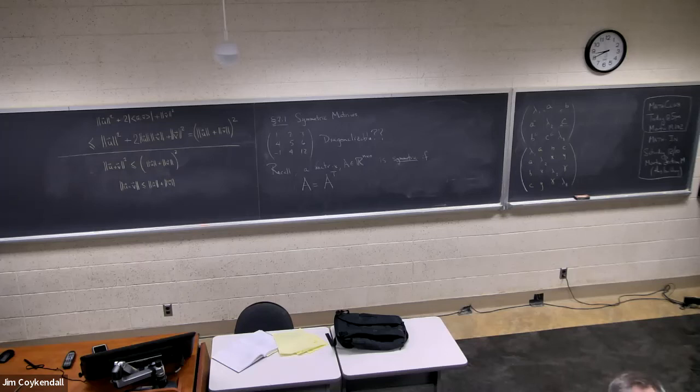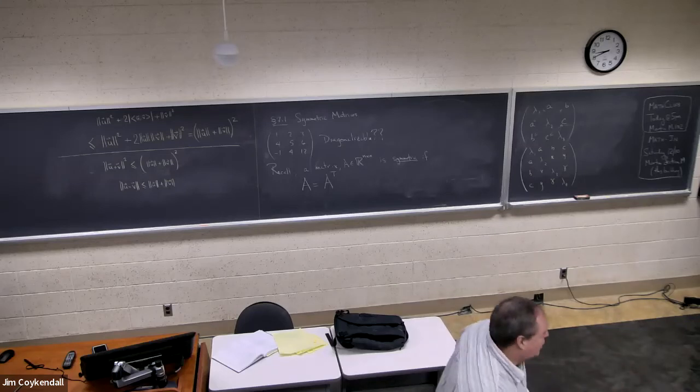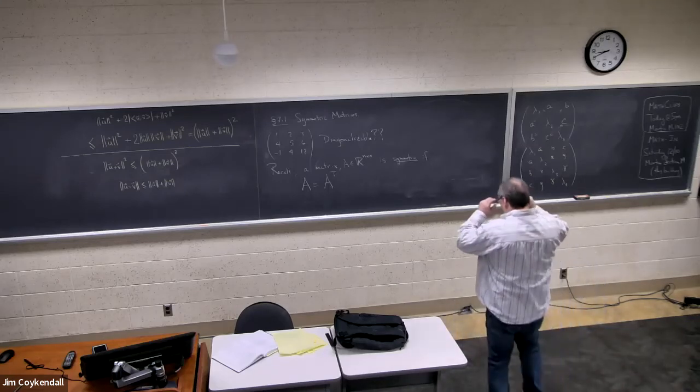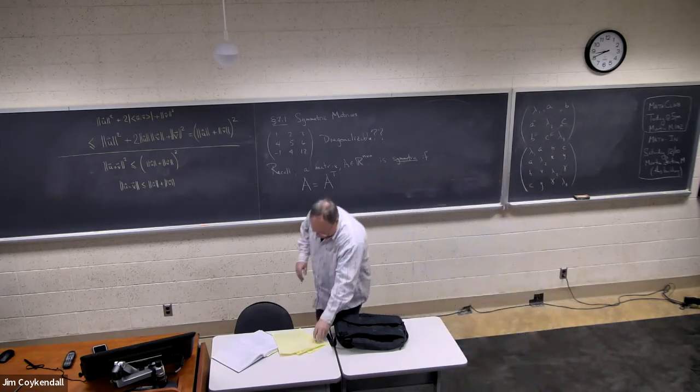And not only that, symmetric matrices are always diagonalizable. In fact, they're diagonalizable on steroids. They are orthogonally diagonalizable, which I haven't defined yet, but I'm going to tell you what it means. So it's even stronger than being diagonalizable. Let me start with an example.